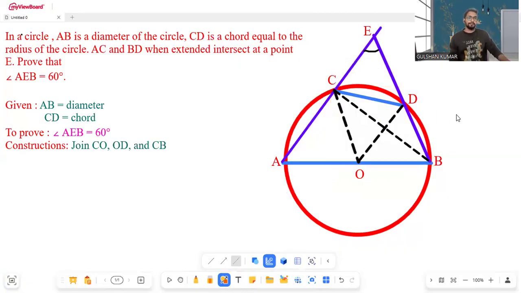Now we have joined OD, OC, and CB as well.